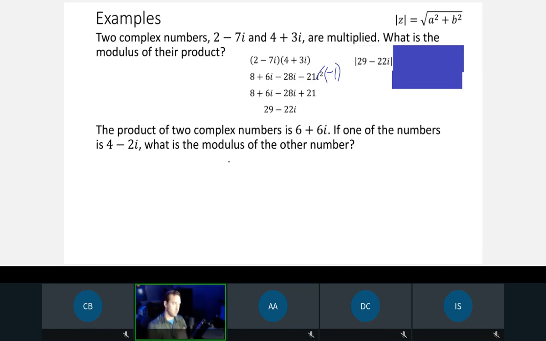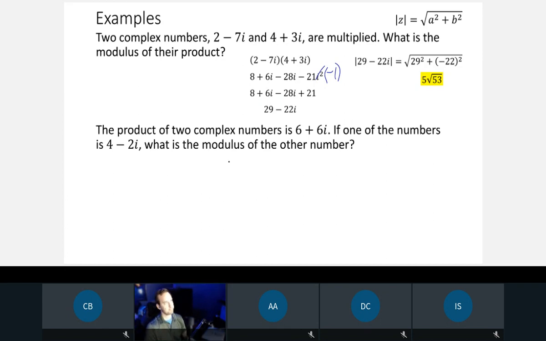So the modulus of 29 minus 22i, there's that. I type that in, I hit enter, and then I have the FX-115ES model, which is like $15 on Amazon, and it gave me radical form, which is 5 radical 53. If your calculator does not give you radical form, you must do it by hand. But you knew this.